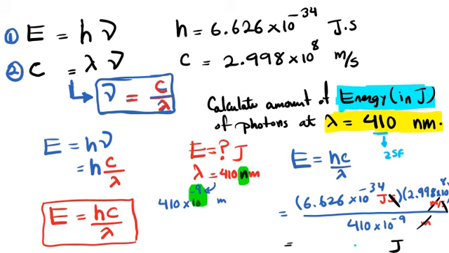So you just need to calculate and report it by 2 sig figs. Please calculate and check your answer with my answer. Let me report my answer here: 4.8 times 10 to negative 19 joules.